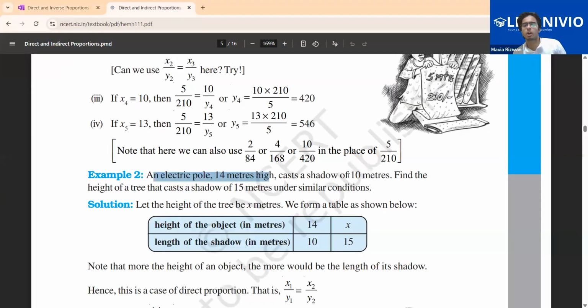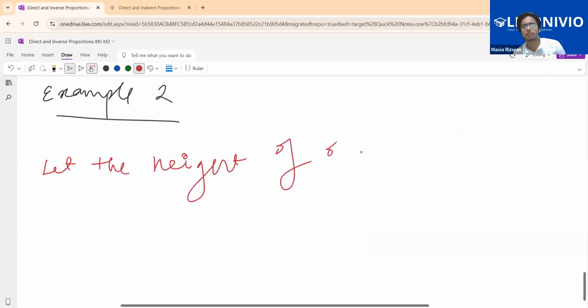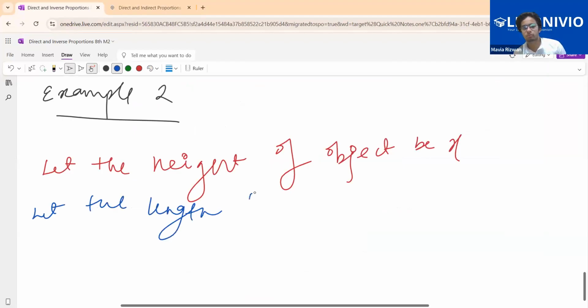The second type of quantity is the shadow. I'm going to take the first type of quantity as x. Let the height of the object be x. Let the length of the shadow be y.